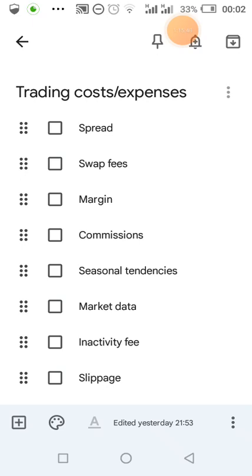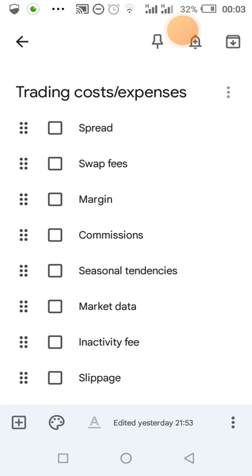So usually, if you spend 6 months or maybe 1 year without opening any trade, depending on the broker, the brokers may charge you maybe around $20 per month if you still continue to not open any trades after that.